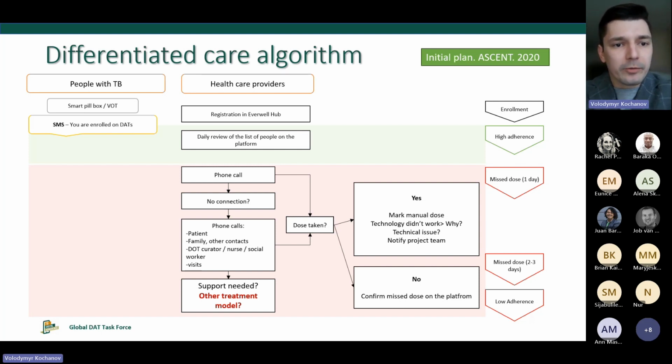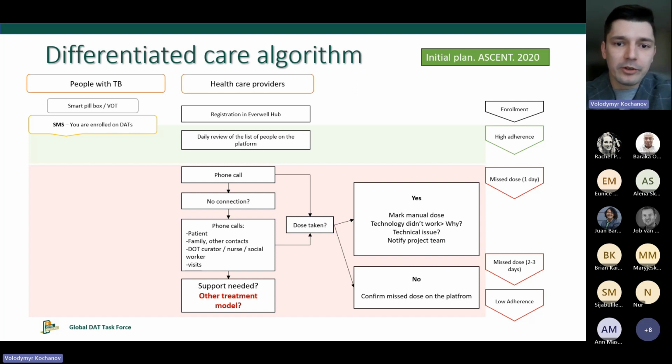On the healthcare provider side, they were supposed to register patients on the Everwell Hub and digital adherence platform. Then they were supposed to review every day the list of people with TB on the platform and react to missed doses.